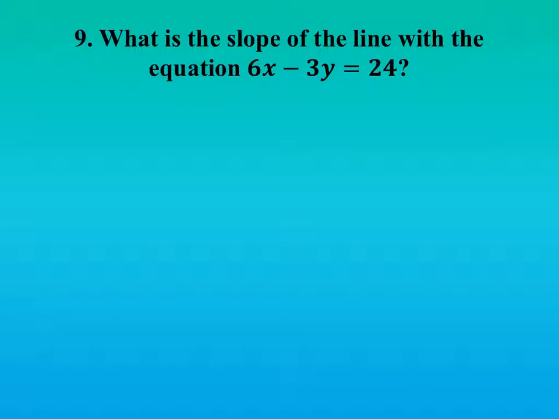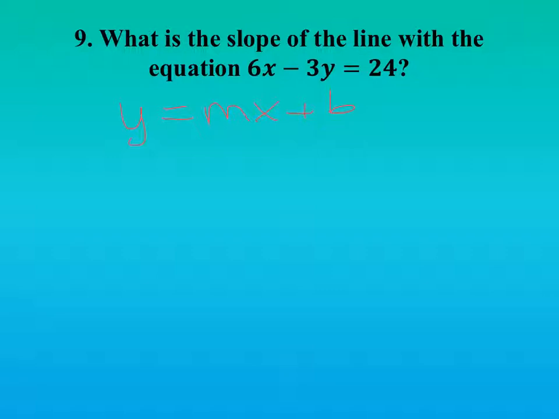Okay, number 9 says, what is the slope of the line with the equation 6x minus 3y equals 24? Well, we need it to be in slope-intercept form because your slope-intercept form gives you your slope and your y-intercept.